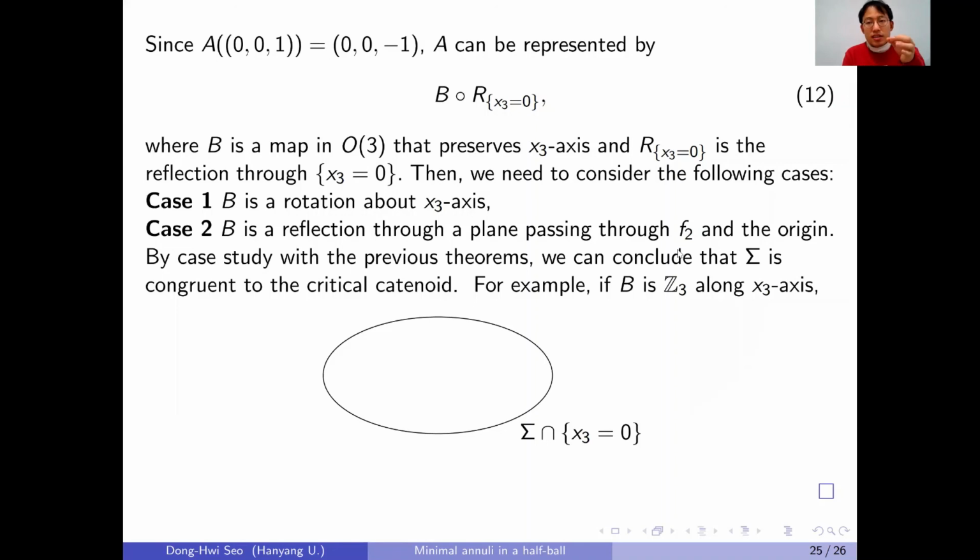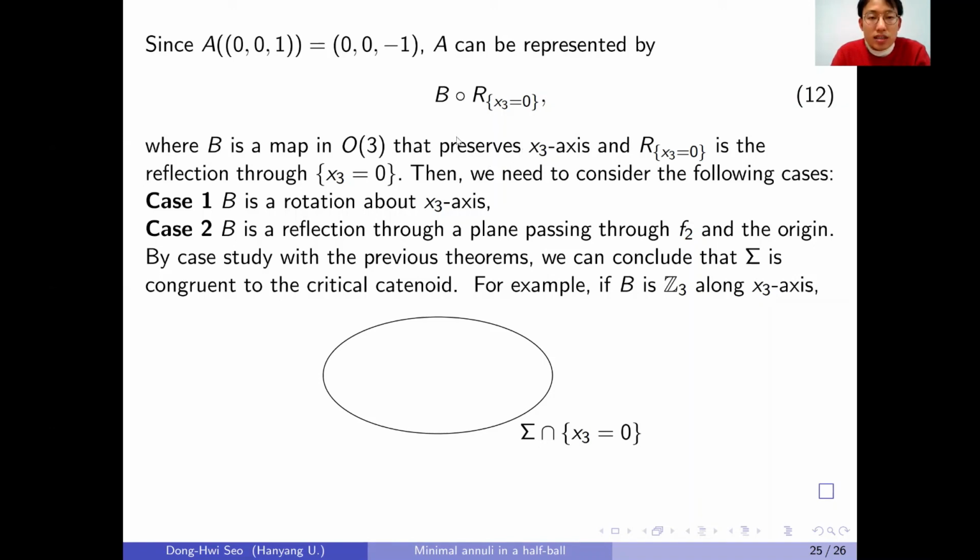Since A maps a boundary component into the other boundary component, and it is in O(3), A is represented by the composition of B and the reflection with respect to the x1, x2 plane, and B is in O(2).